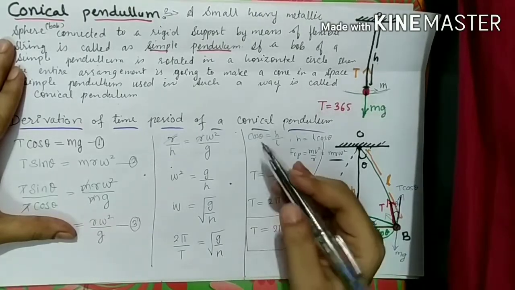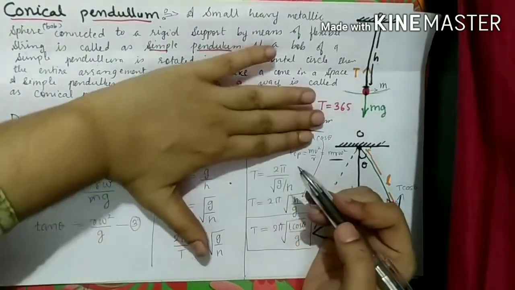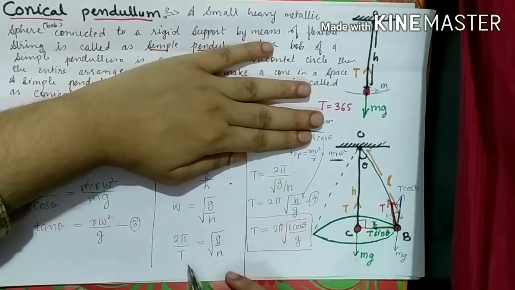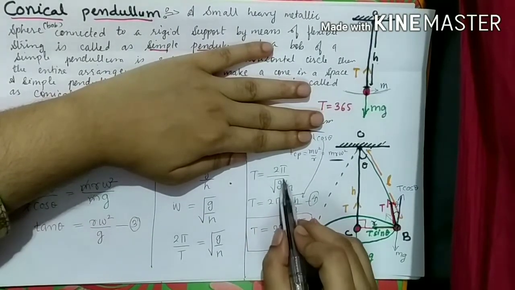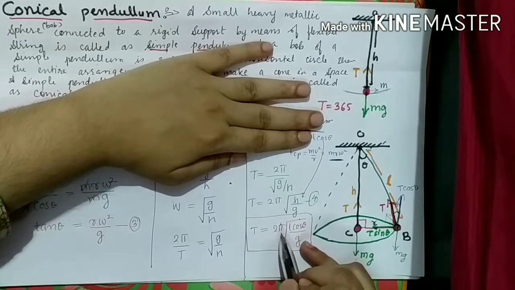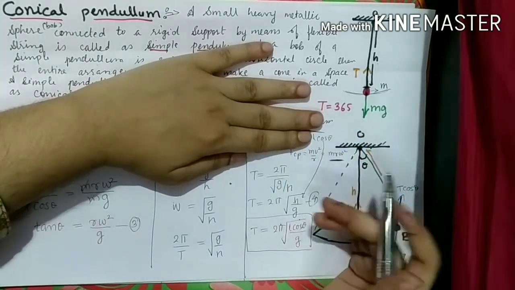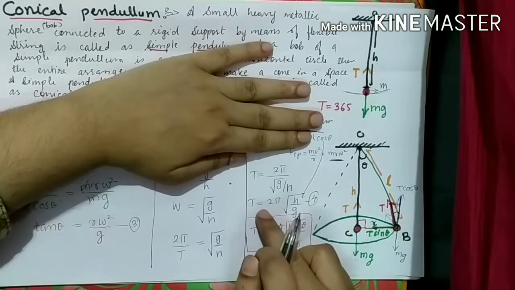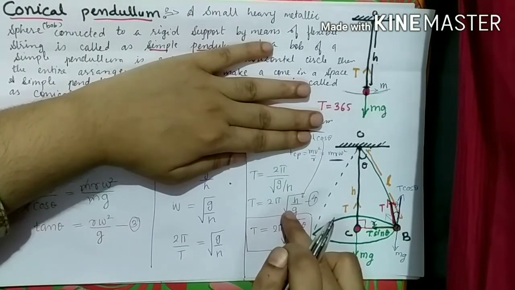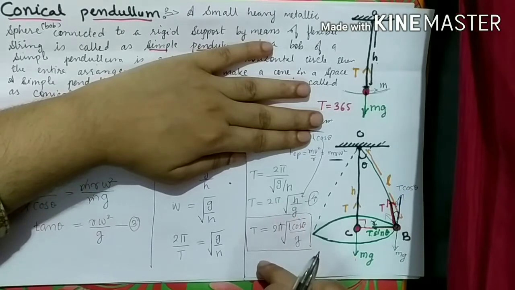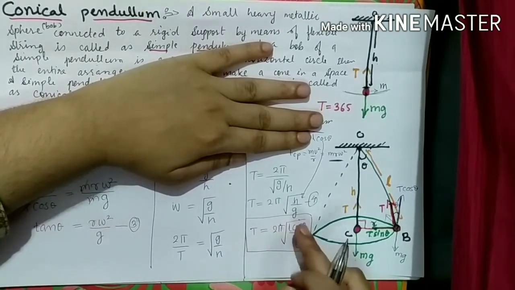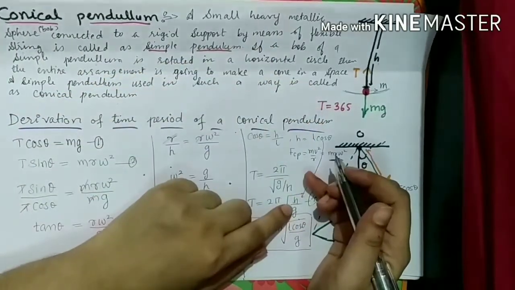Then T will become 2 pi over square root of g upon h. Taking this quantity in the numerator, it will be reversed. T is equal to 2 pi into square root of h upon g. So the time period will become 2 pi square root of h upon g.